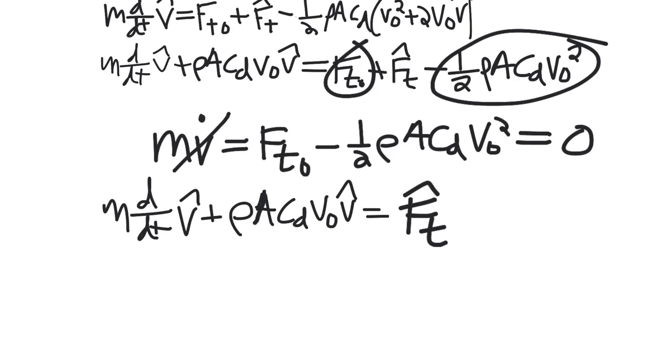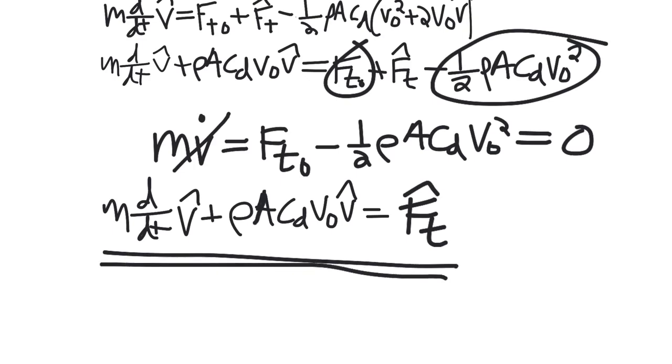And what we're left with now is m d dt v hat plus rho a cd v naught times v hat, and that's equal to ft hat, which is the variation in thrust, which causes the change in the amount of velocity above or below our operating point v naught.